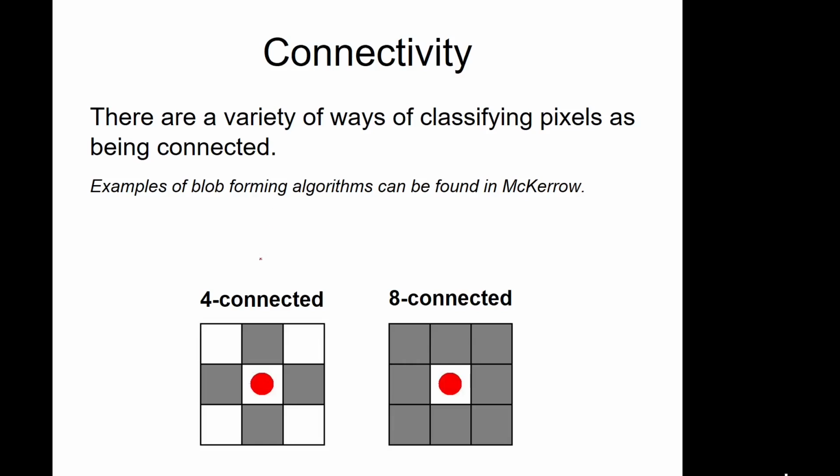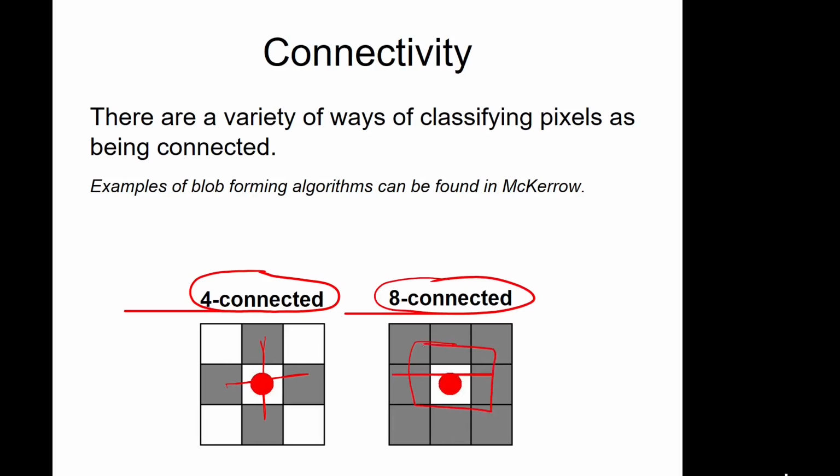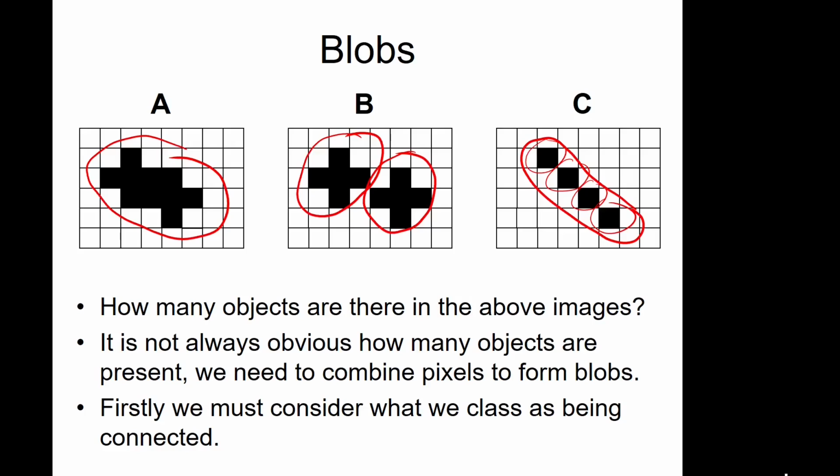So we can say either 4 connected, so pixels are regarded as being next to each other or the same object if they are connected either vertically or horizontally. Or we can go for an 8 connected scheme, by saying any pixel within the proximity of that pixel is highlighted.